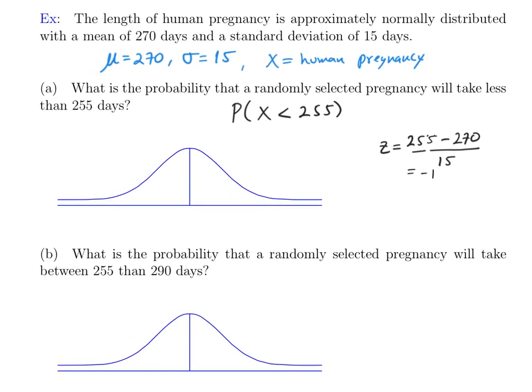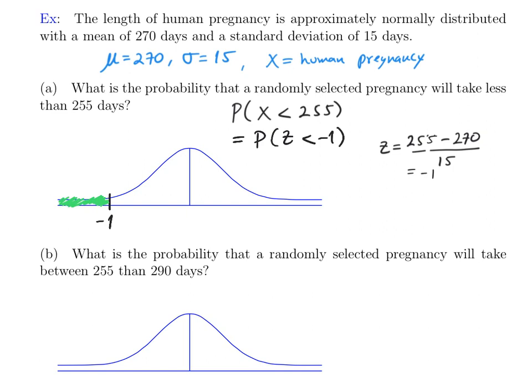All right, so then this is the same as finding what? The probability that z is less than how much? Negative 1. Now, negative 1 is here. So this part, this is the green area on the other side.